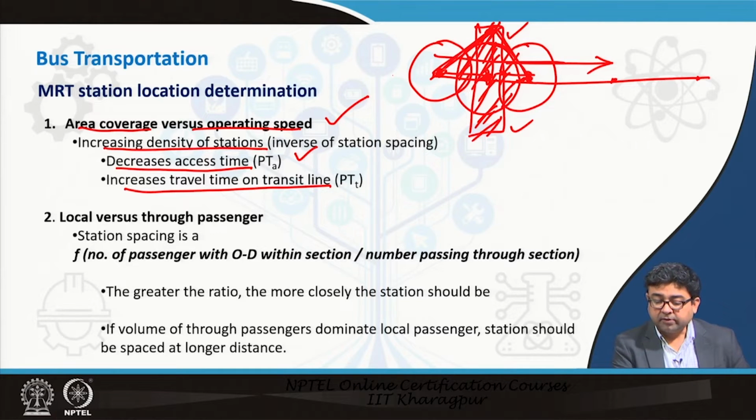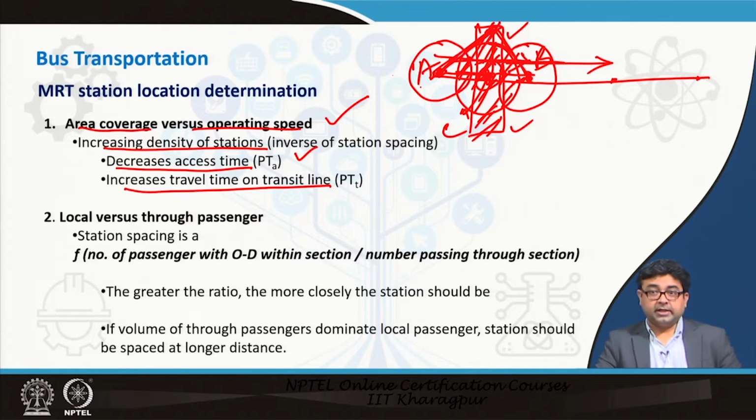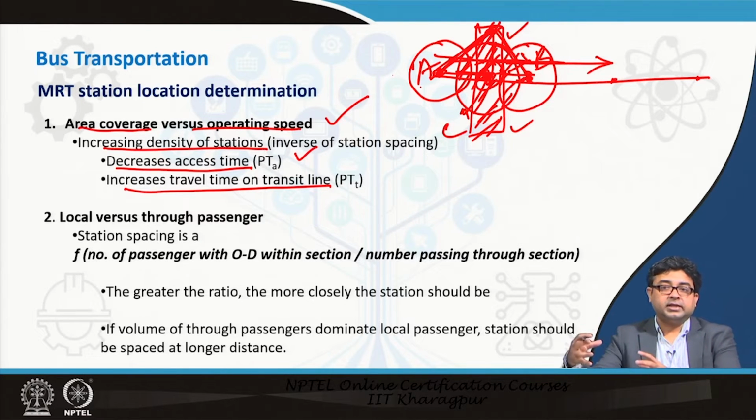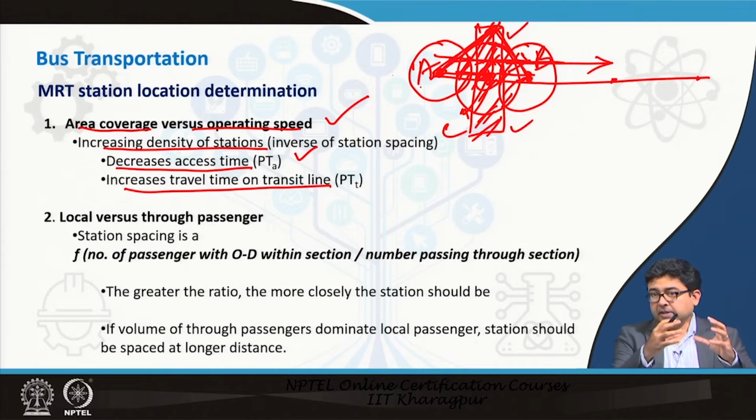So, now instead of it starting here from point A to point B, where it could have nicely accelerated and gone here, it has to now make a pit stop here at C, where it is adding to a lost time. So, what is happening is while making a trade-off between area coverage and increasing the density of stations, the actual speed of the transit line is going down.